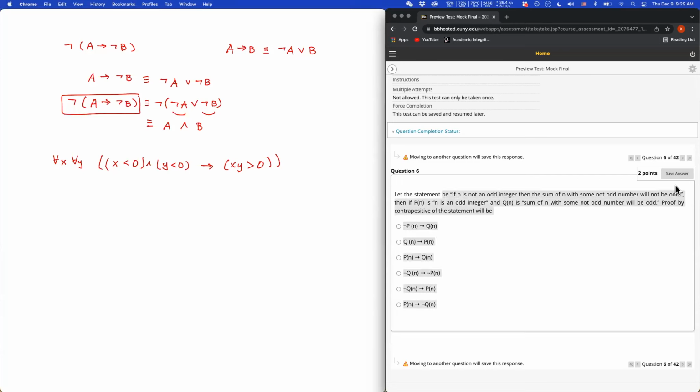So this statement here can be translated to negation of P(n) implies negation of Q(n).